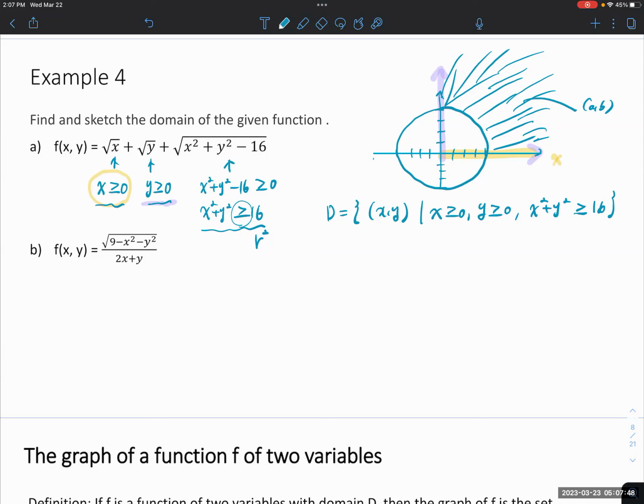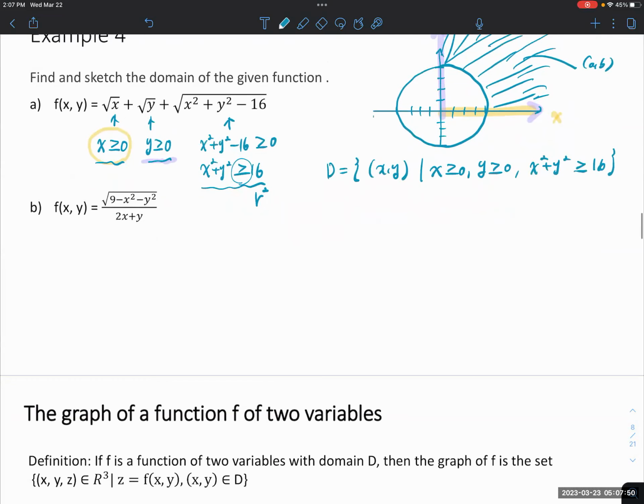Okay, keep going. Letter D. Okay, this is a fraction. So you know that the denominator cannot be 0. So let's go step by step. 9 minus x squared minus y squared should be greater than or equal to 0 because it is inside of the radical. And 2x plus y cannot be equal to 0.